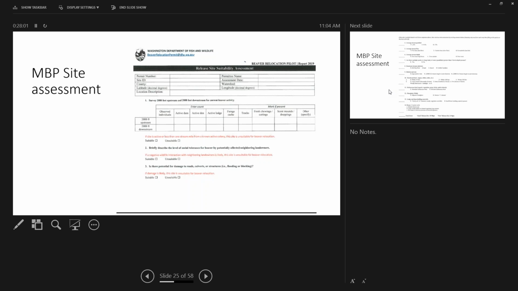Is there active beaver activity 2,000 feet up or downstream already, because they are territorial and they can run each other out of areas, but that's also a good thing, because then they spread their benefit potentially across the landscape that way. But we want to, and are now required to by WDFW, not put beaver into places where they exist already. That's not been a big problem so far.